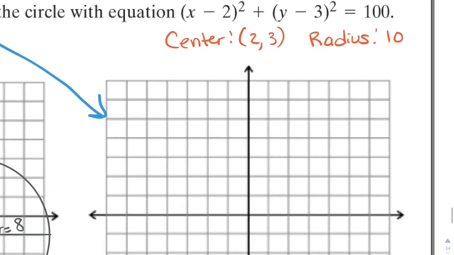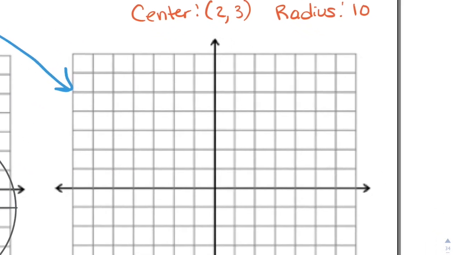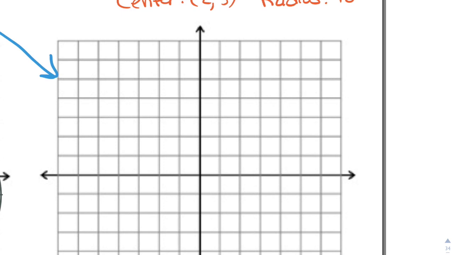All right, this graph: (2, 3) with a radius of 10. I'm going to have to, again, count by 2s. So (2, 3) with a radius of 10.